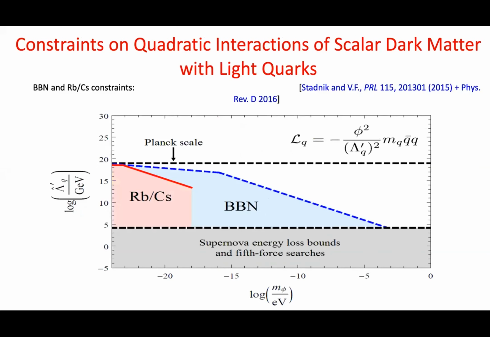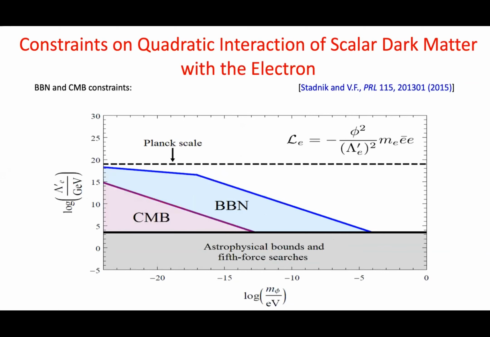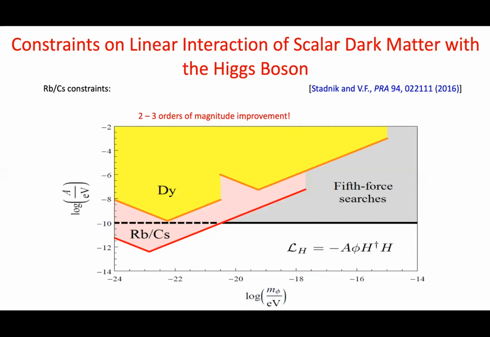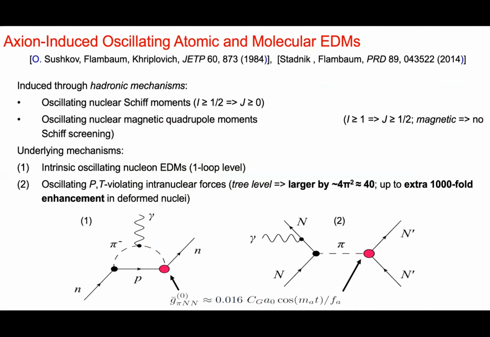So there are very similar pictures for quarks, a huge gain, and a similar picture for electrons, the interaction of the dark matter field with electrons. This is the interaction of the dark matter field with W and Z bosons. This is the interaction of dark matter with the Higgs boson. We always have a big gain when we use atomic experiments searching for variation of fundamental constants or dark matter fields.